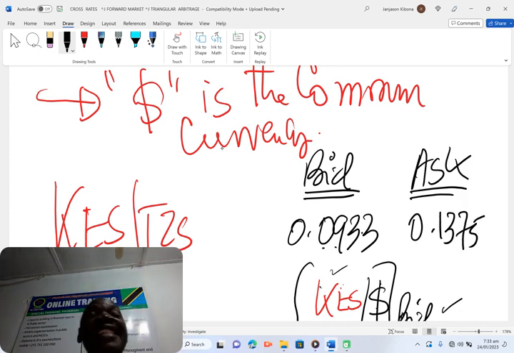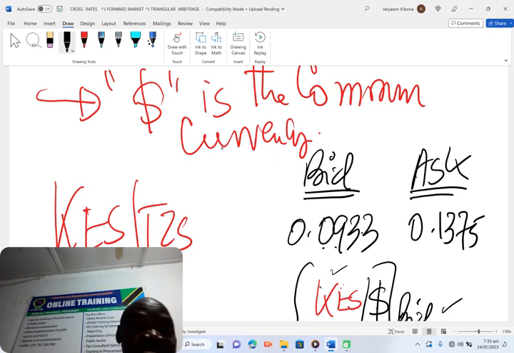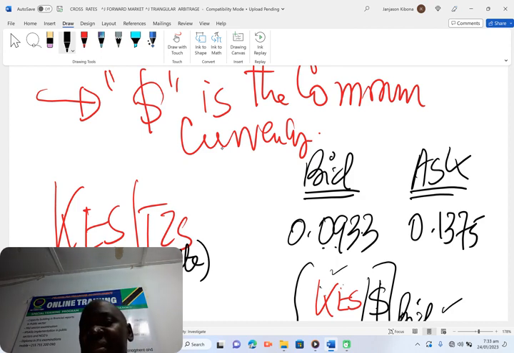So this is the cross rate when there are two-way quotations. Do you see there? This is the cross rate.